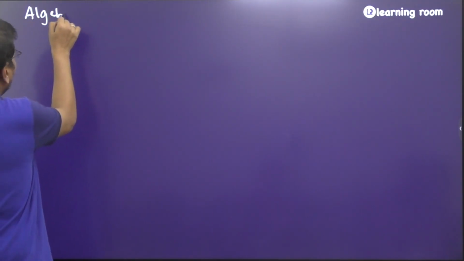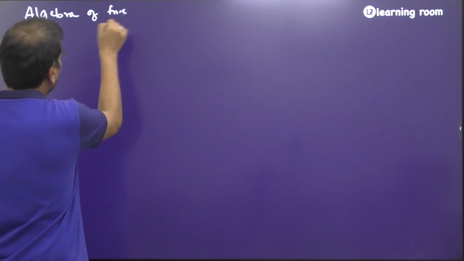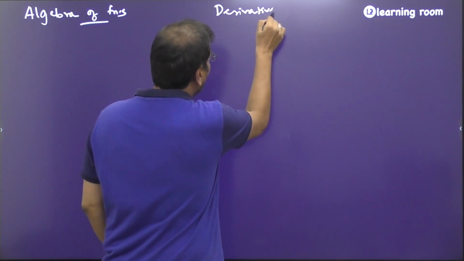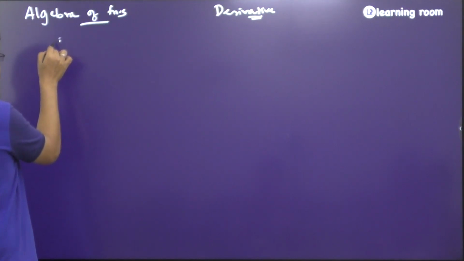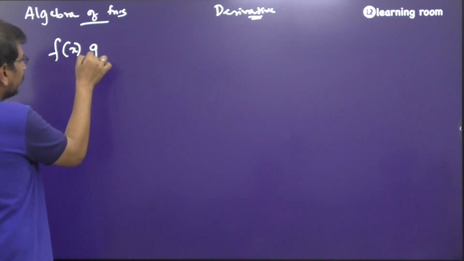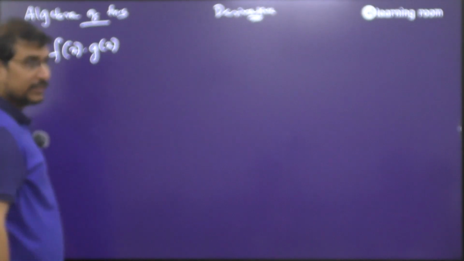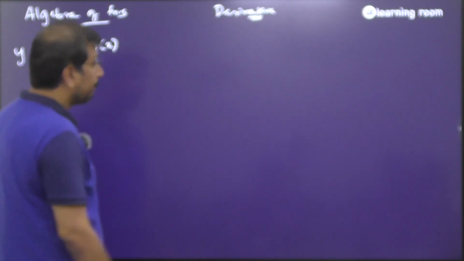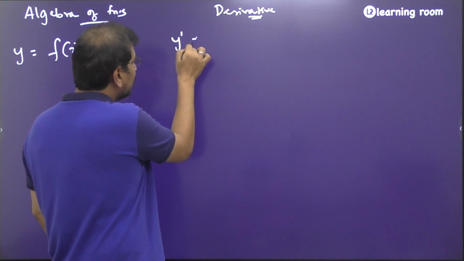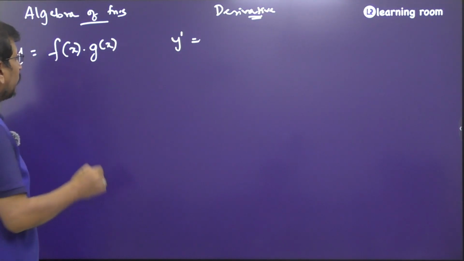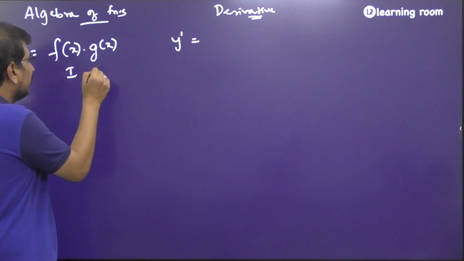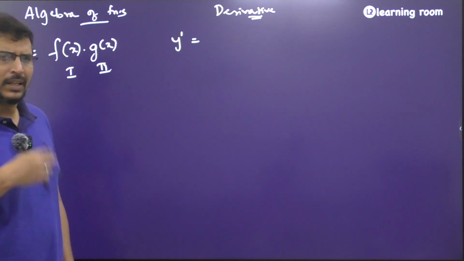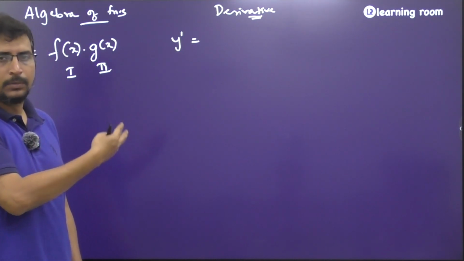The next algebra of functions is the product, and the derivative here. I can have the product of two functions, f of x into g of x. If I call this y, then y dash is written as, generally you write it like this. Listen to this: this is the first function, second function. This is what we do in our mind. There are multiple ways in which it is given in books.